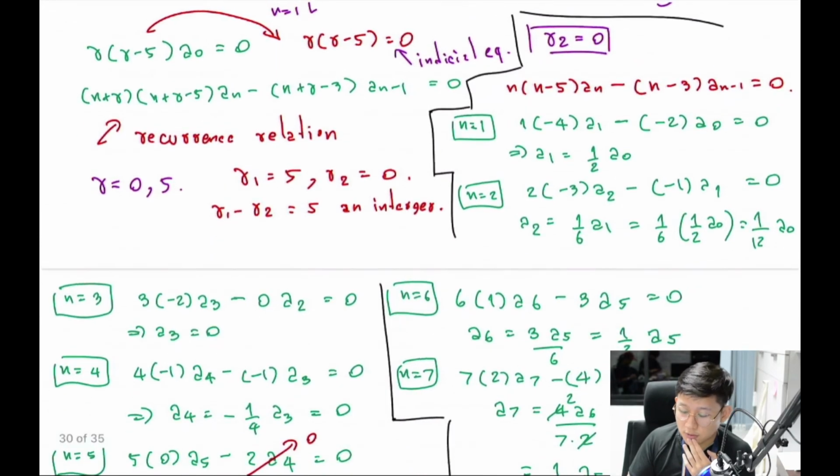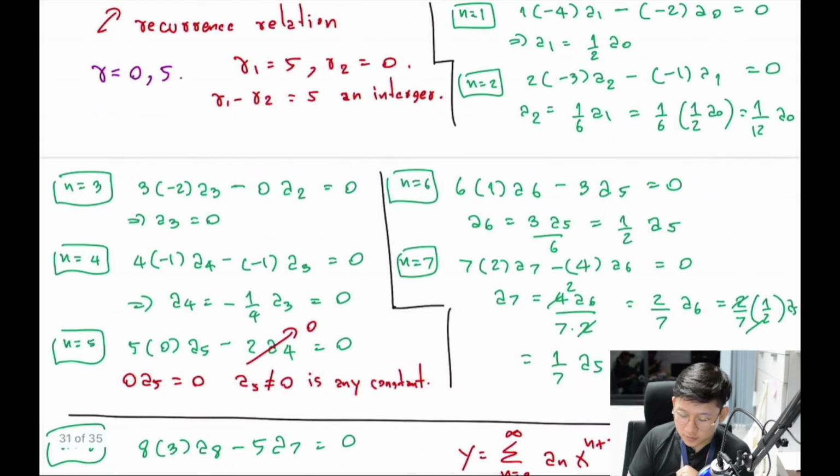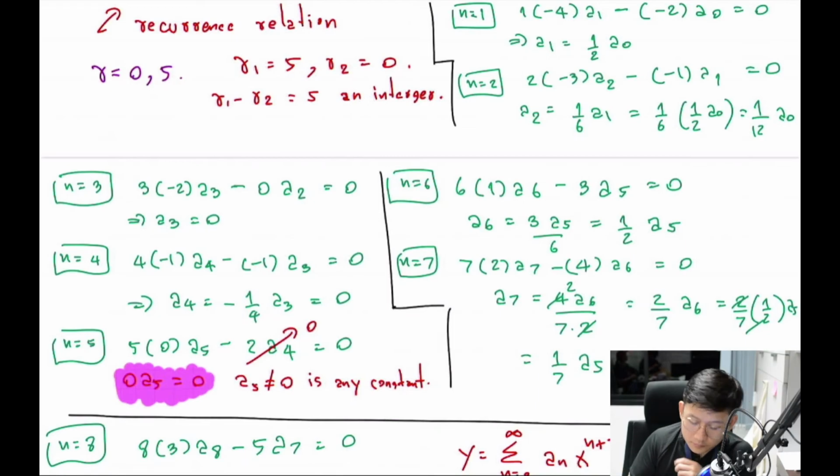After that, I go from n equals 1, 2, 3, 4, 5, 6, 7 and so on. When n is 1, you get a1 equals 1/2 a0. When n is 2, you get this a2. When n is 3, it goes to 0. When n is 4, it's 0 as well. And at some point you're gonna get this condition, which is 0 times a5 equals 0.